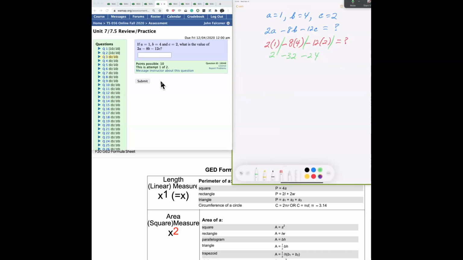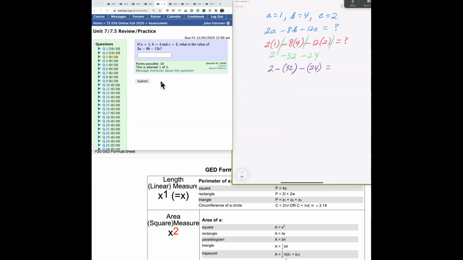One other way you can write that, if you say we have 2 here, 2 minus 8 times 4 is 32, and then you can subtract 12 times 2. So if you leave it positive but keep the subtraction sign, you're going to end up with the same thing.